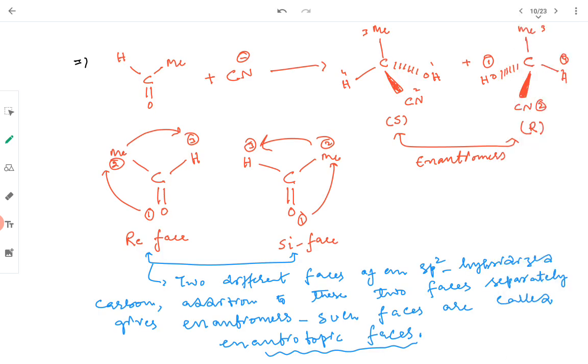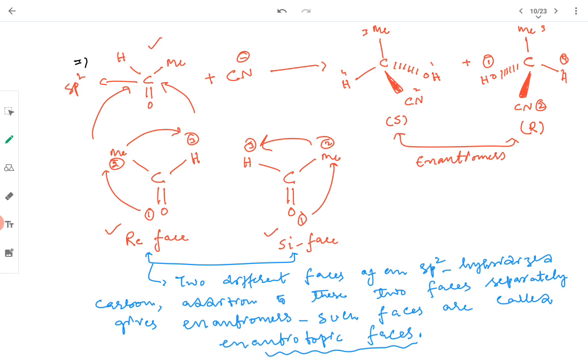An example is this acetaldehyde. You see, this molecule has two phases. This carbon is sp2 hybridized carbon, right? It has two phases. This is one phase and this is another phase, and we call these phases Re phase or Si phase.